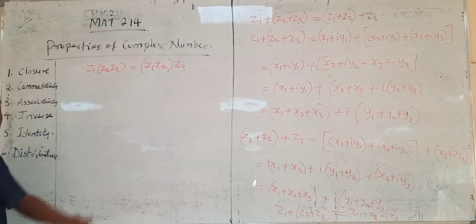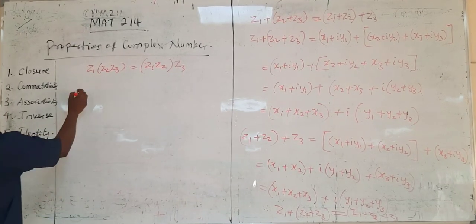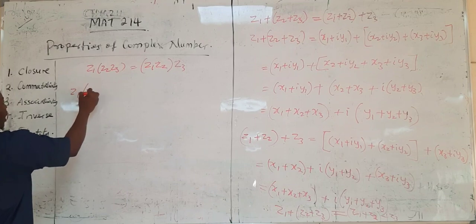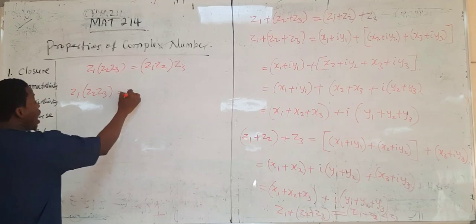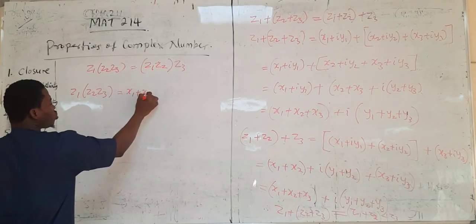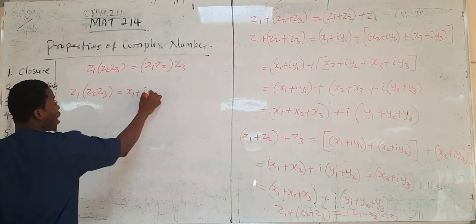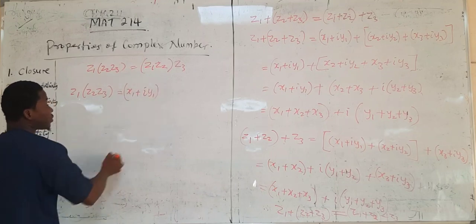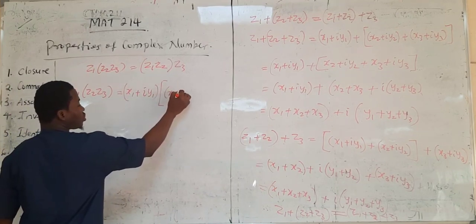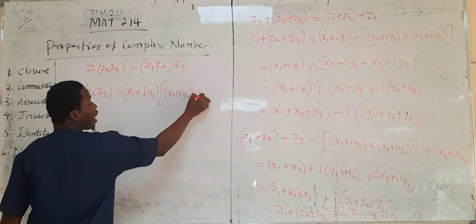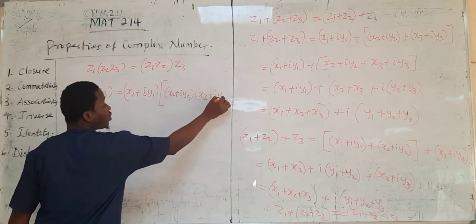So performing on the left hand side, we have that z1 open bracket z2 z3 is the same thing as x1 plus iy1, x2 plus iy2, x3 plus iy3.